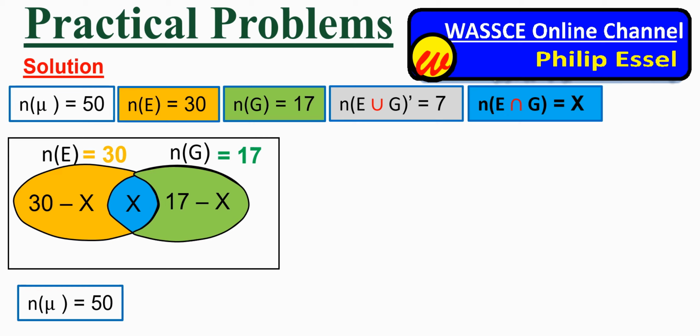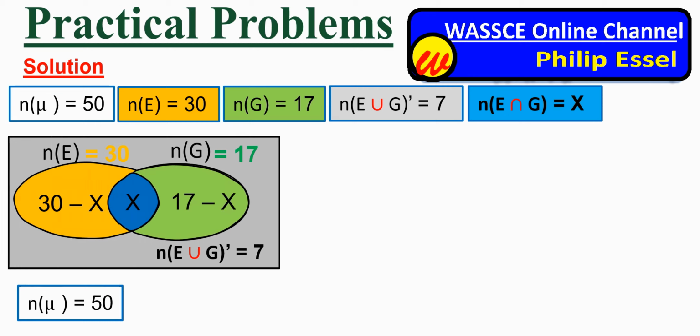So this hash region represents the number of students who neither read economics or government. At the beginning of the video, we showed this region, and in fact it's even very clear from the diagram on the screen.